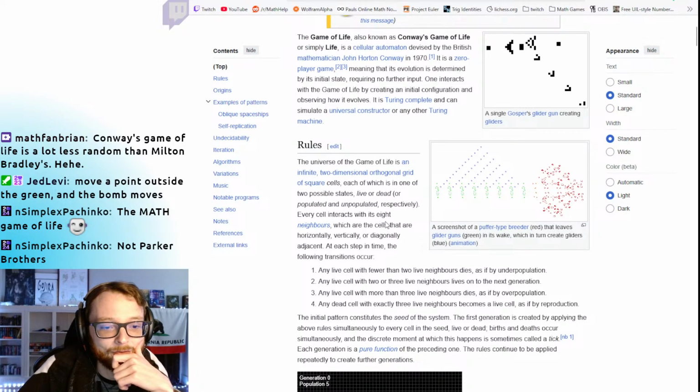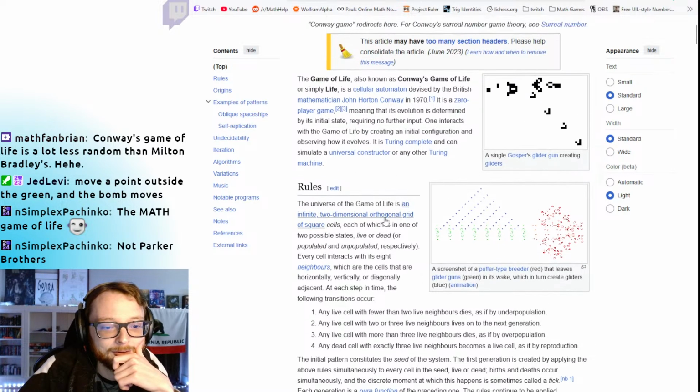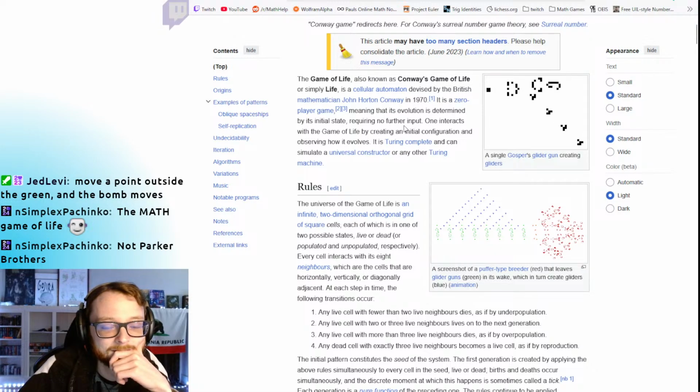Yeah, it's a 0-player game. I remember that. You don't need anyone to play it. And you can get different kinds of cool patterns depending on your starting conditions. Okay. Anyway.